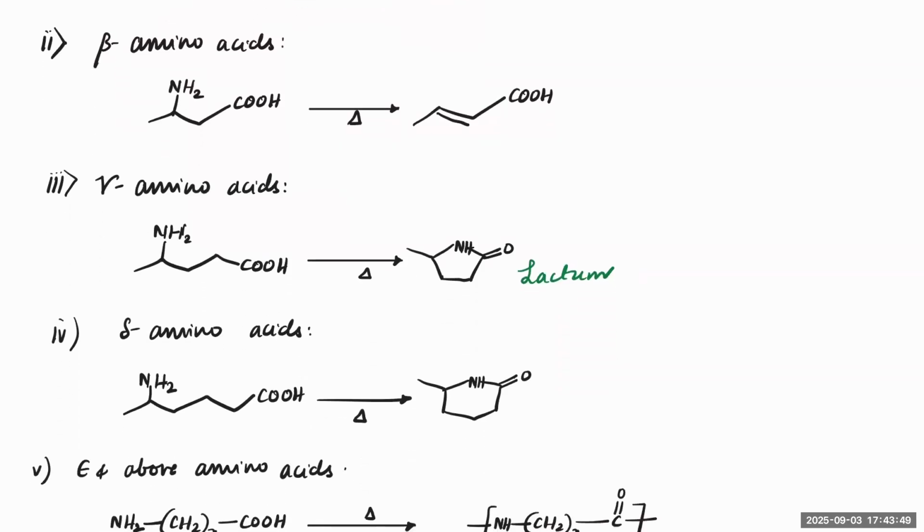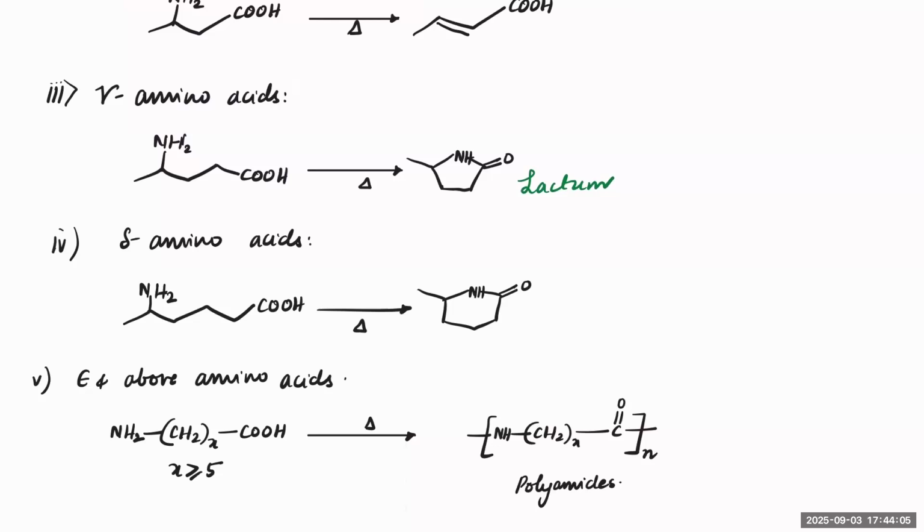If you have gamma, then the lone pair from nitrogen will attack COOH. This OH and H can be removed out and you will get lactam. Okay, clear? And if you have delta amino acid, you see the lone pair from nitrogen can attack here. This OH and H can be removed. So you will get again an amide.